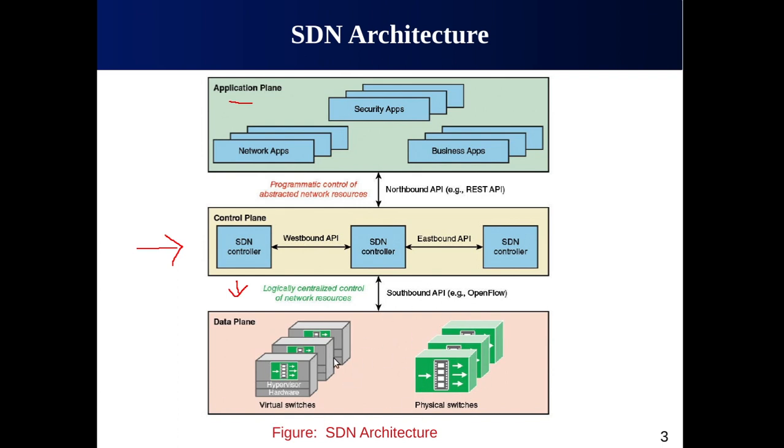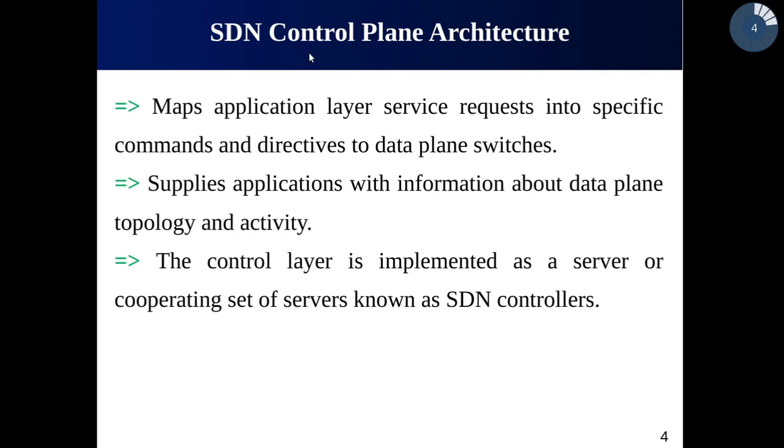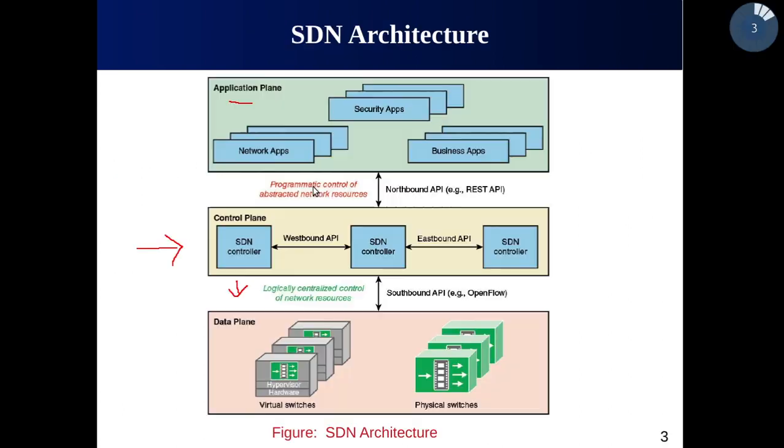From the other side, it supplies different applications running at the application plane with information about the data plane topology and other activities. It is important to remember that the control plane or the control layer is implemented as a server, or if there is more than one SDN controller, then they are implemented as a set of servers, and these servers are known as SDN controllers. So it could be a single controller or it could be a set of controllers.